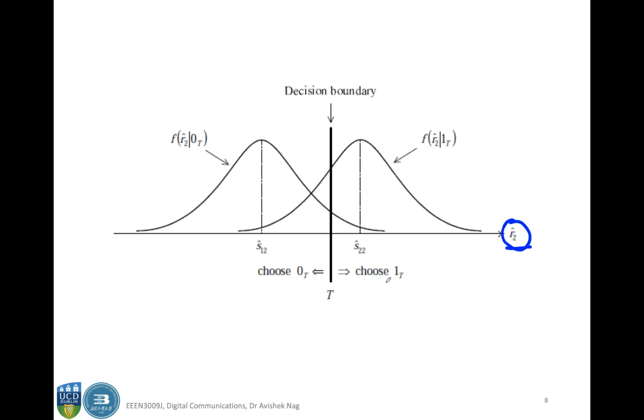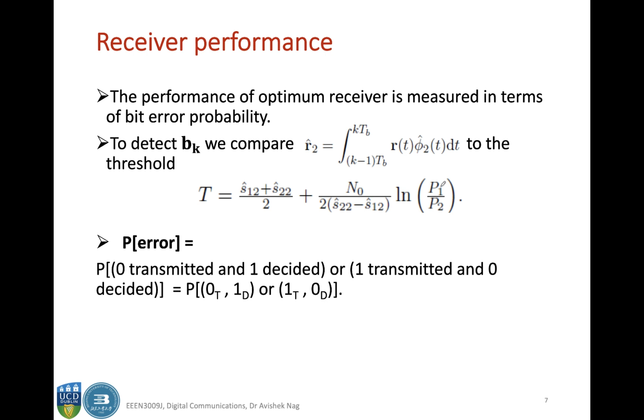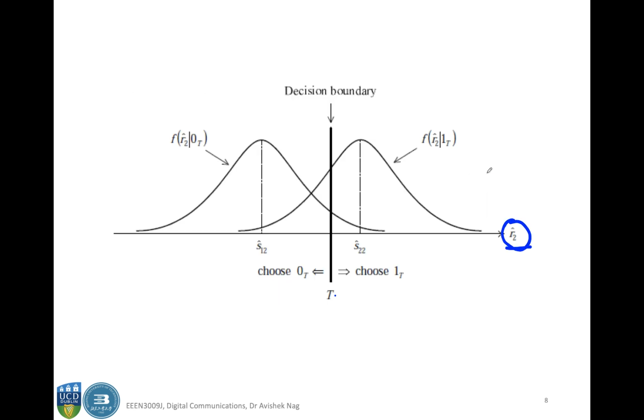And then you have a decision boundary which is determined by your threshold. This threshold has this expression. Now you are checking whether your R2 hat is in this region of the boundary or in this region of the boundary. If it falls in this region, then you decide that a 1 was transmitted. If it falls in this region, then you decide that a 0 was transmitted.